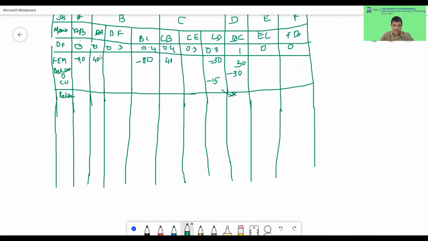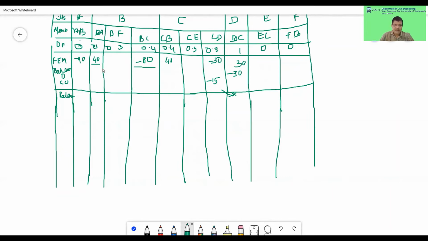Now in the joint B, you have the plus 40 and minus 80 also here, minus 80 in the BC. So minus 80 plus 40 becomes minus 40. So you have to apply plus 40. If you apply plus 40, that will be distributed according to this distribution factor.